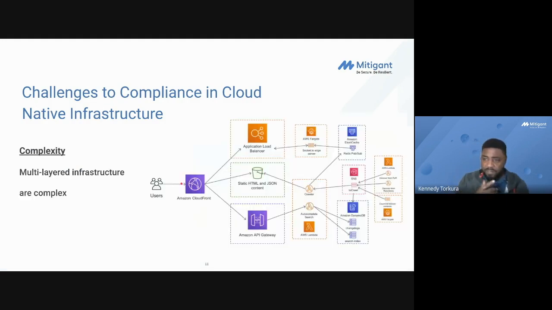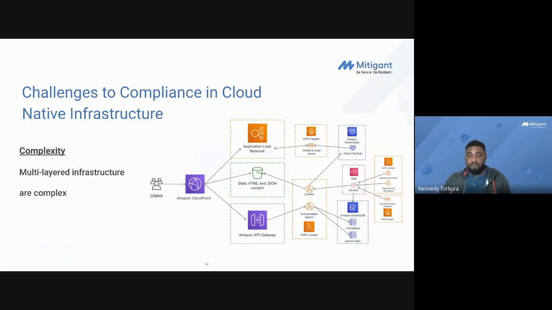Now the other challenge is about complexity, right? Complexity is part and parcel of cloud native infrastructure. It is what you face, because it is made up, as we saw in the diagram, of multiple abstraction layers. So eventually you have a system where, for example, the security tools work based on the abstraction layers, right?